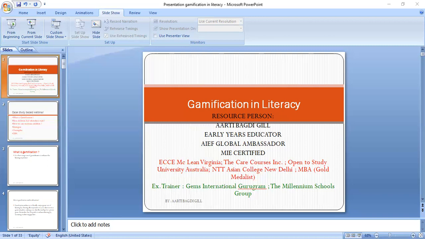Now, as a teacher, what can I do? In this picture, you can see I, as a teacher, can question, can connect, can predict, can visualize, can summarize, infer, and synthesize.